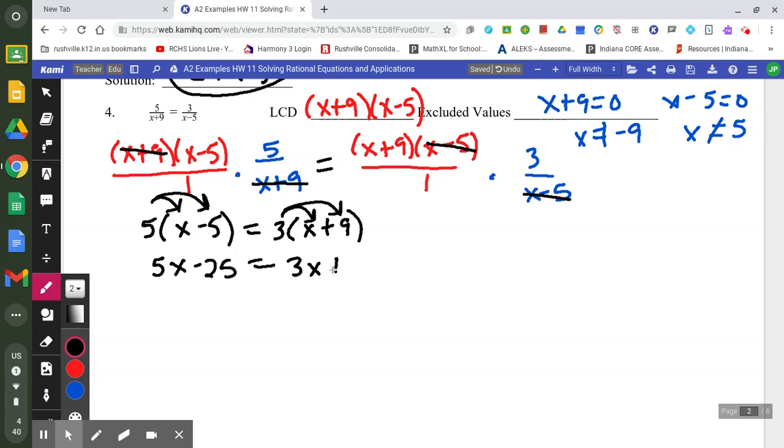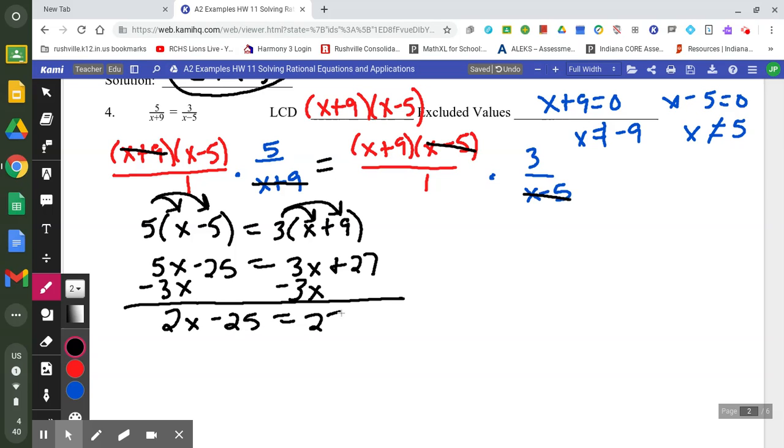Okay, then I'm going to get my x's on one side of the equal sign. Get my numbers on the other side of the equal sign.